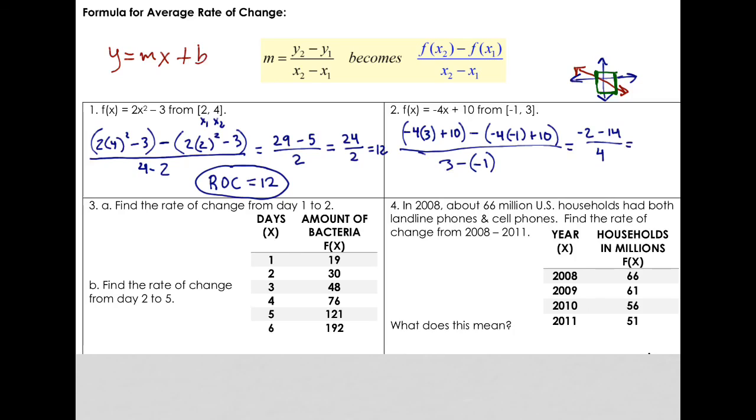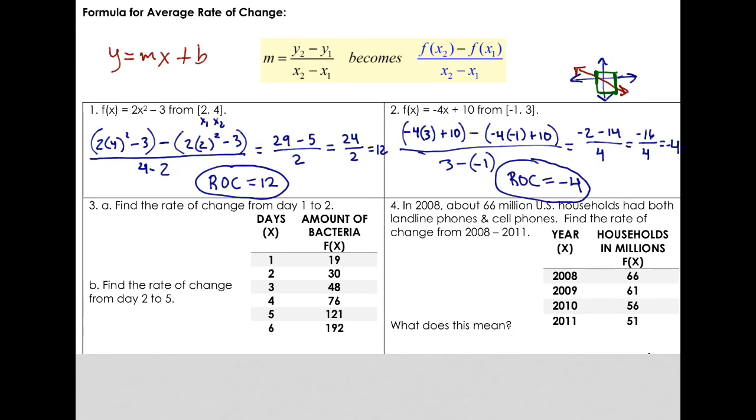Then that turns into a negative 16. Just do all this math in your calculator. Negative 16 over 4 is equal to negative 4. So we know our rate of change is equal to negative 4. It's really not that hard.